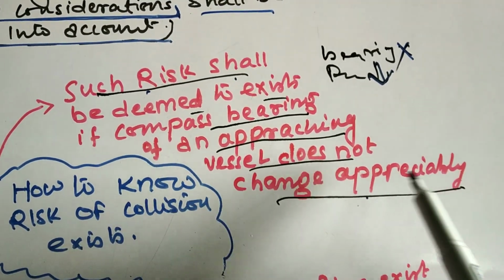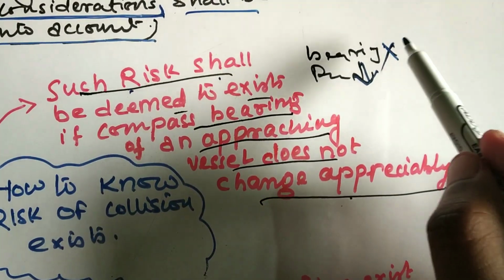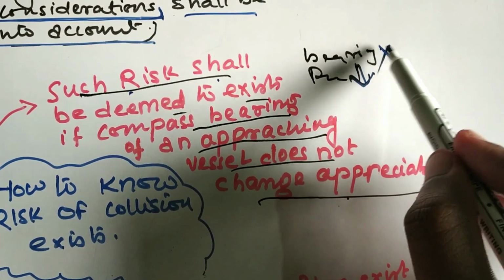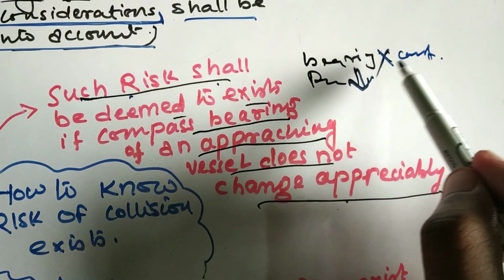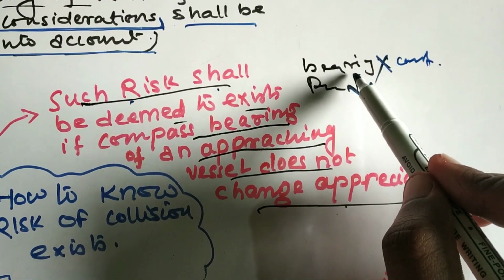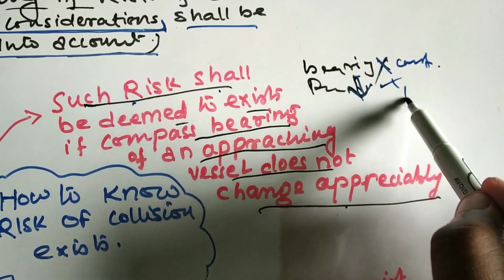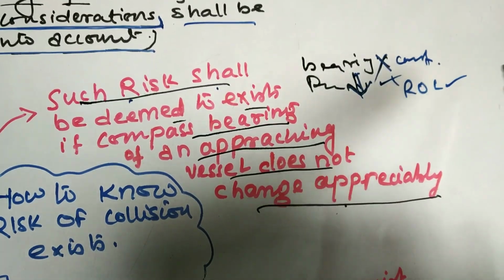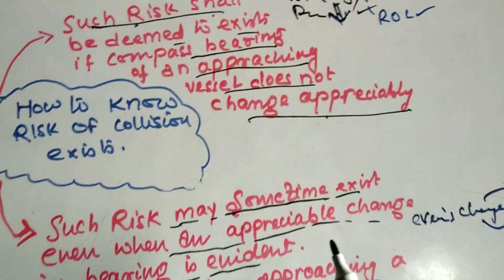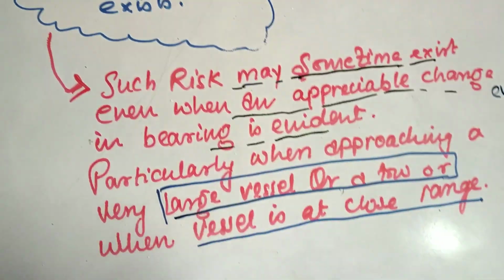We have talked about it earlier: if the bearing remains constant but the range is constantly decreasing, then there is a risk of collision.